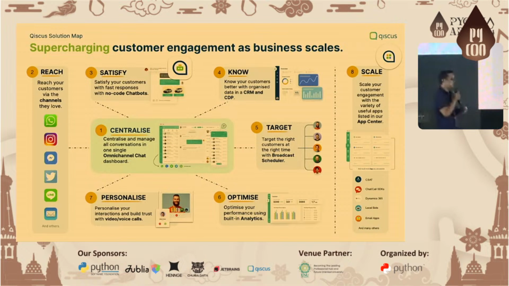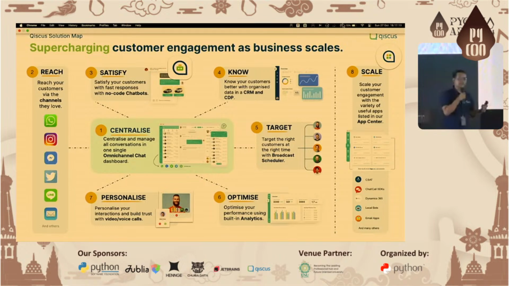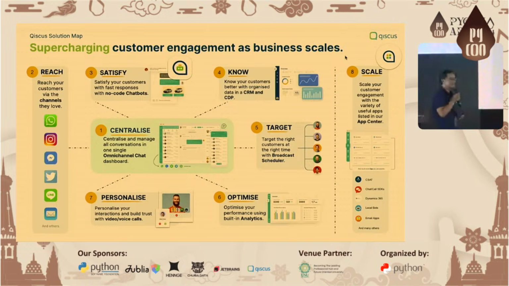Then we can personalize interaction with video or voice call. And we can scale up with the app center. We have a marketplace in Kiskas so our clients can purchase other services. Maybe the business wants to integrate with other services, and we can use the app center to accommodate our clients.